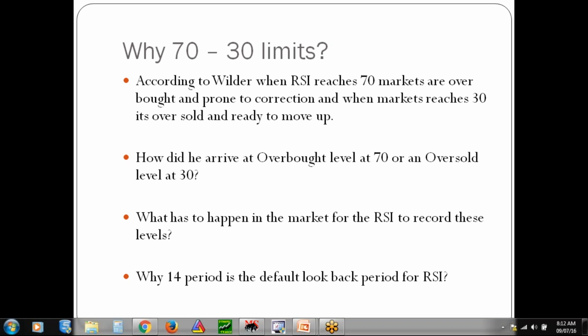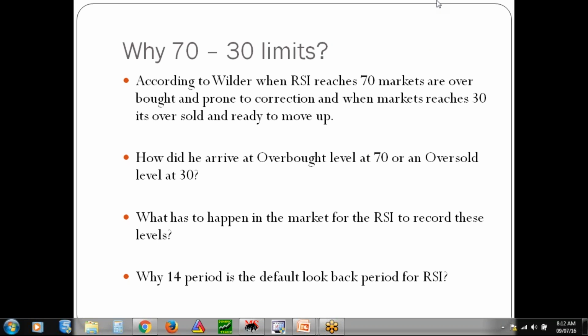Now, when the RSI moves into the 70 zone, what has happened? 70% of the time the prices have recorded a higher close.